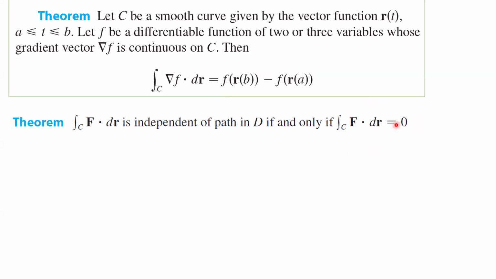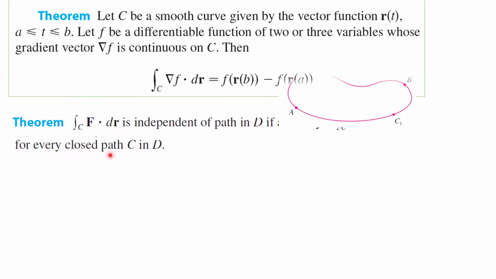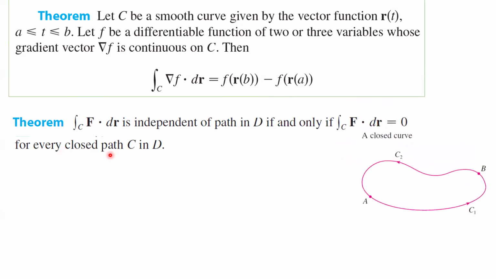So wherever the integral of f dot dr over smooth curve C is equal to 0, for sure you can say that this line integral is independent of path. And please note that C is a smooth curve and it is a closed path. For example, you can visualize C this way. Starting from the initial point, going to the terminal point, it is closed.